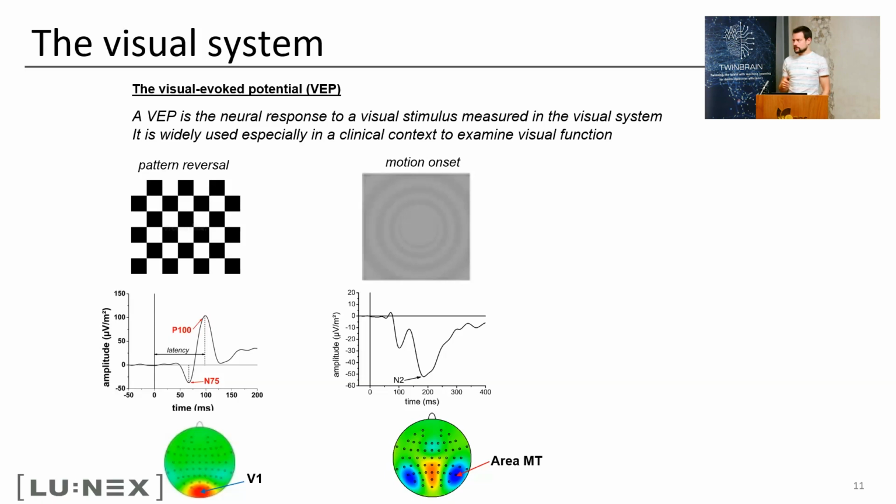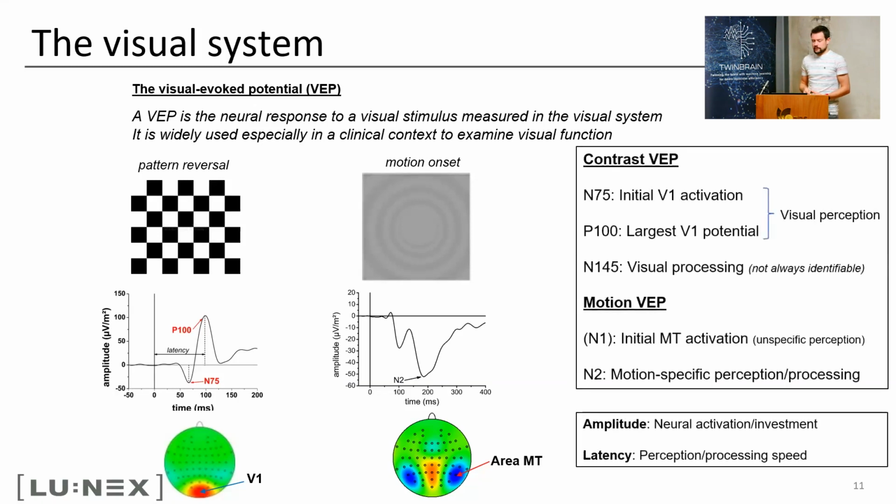This is also what we observed in our studies, which I will show you later: there are no differences at all in the pattern reversal visual evoked potential, while there are massive differences in the motion onset visual evoked potential, because we are addressing two completely different systems with these stimuli. So the bottom line is that we have to think about what stimulus we are using and what visual system we want to investigate, to avoid this confusion that very often happened in research.